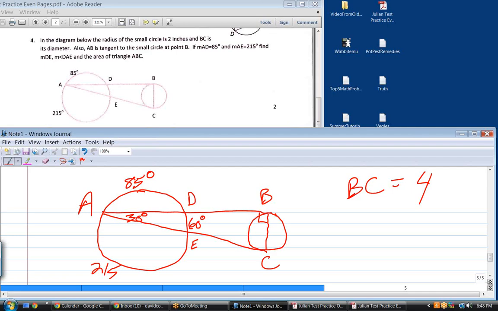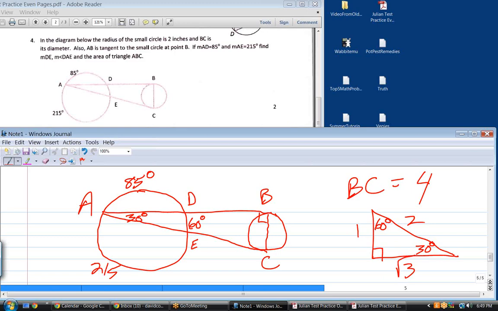A right triangle? It's not just a right triangle, it's a 30, 60, 90. That's going to help a lot. This might be one of the things you want on your cue card: put both of these on it.